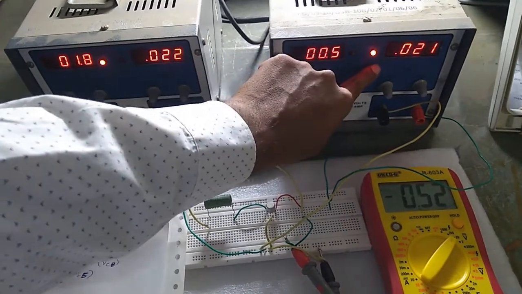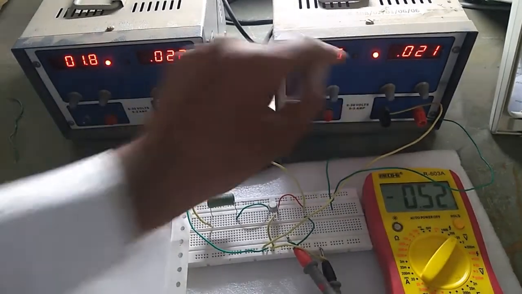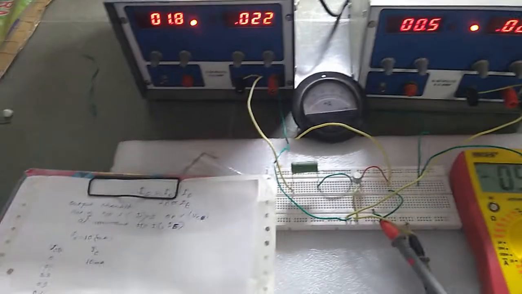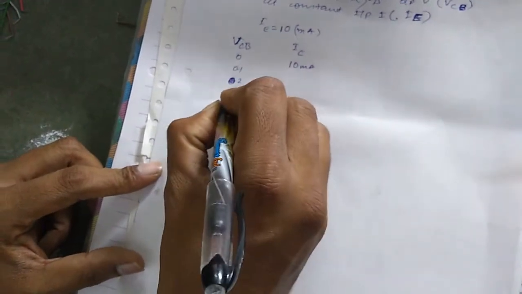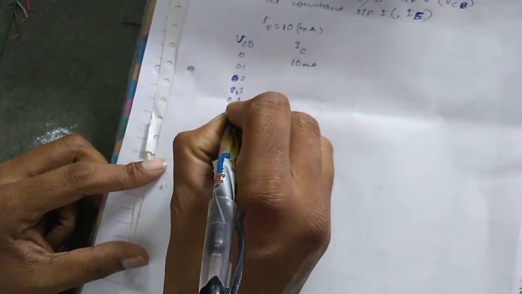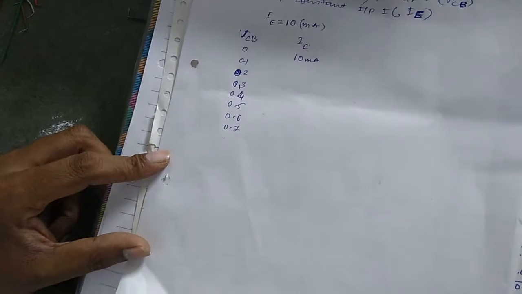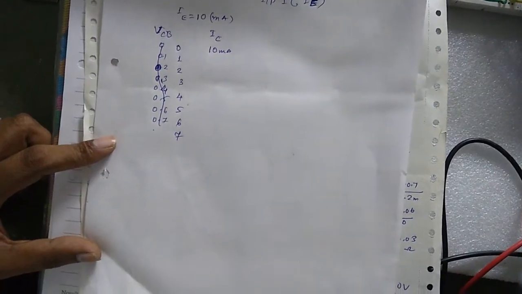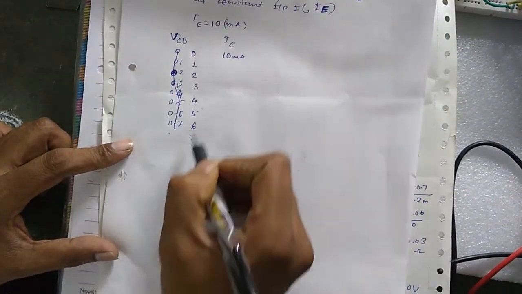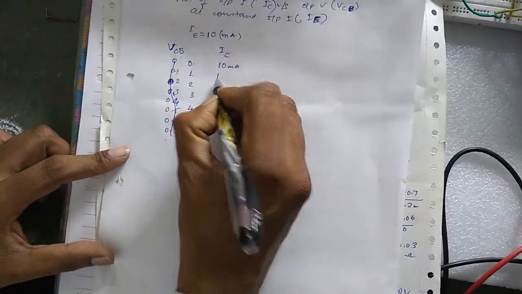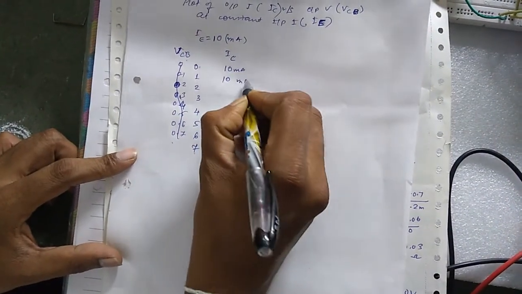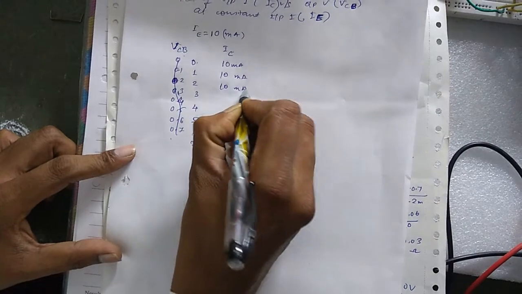And you can see it has converted into a constant current source. Now let us plot the observation table. The value of VCB is increasing, but my current is constant for all the values of VCB.